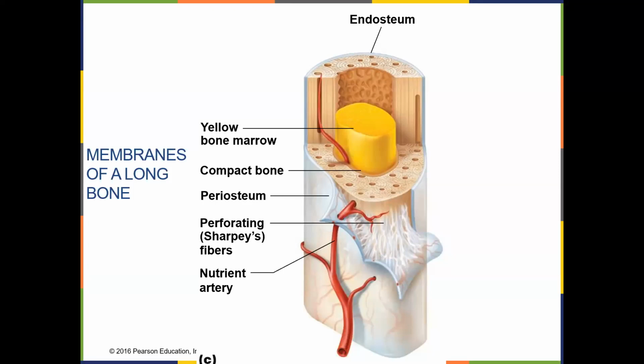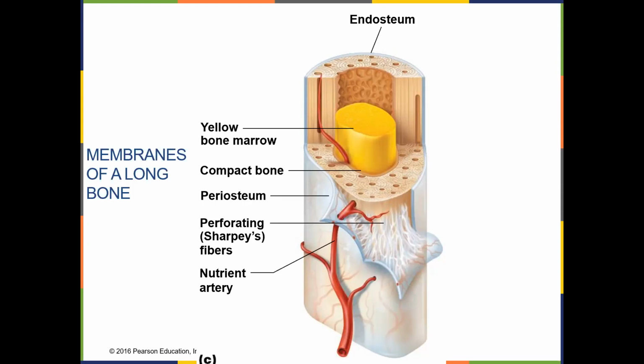Our bones are covered by a membrane called periosteum, and this membrane has two layers. It has an outer layer made up of what are called Sharpey's fibers, and then an inner layer where we find the osteogenic cells. The osteogenic cells are the stem cells that we derive all of our other cells from, and that lines the outside of our bone.